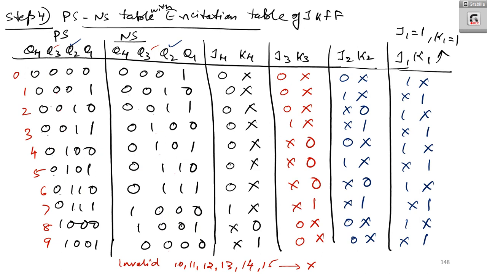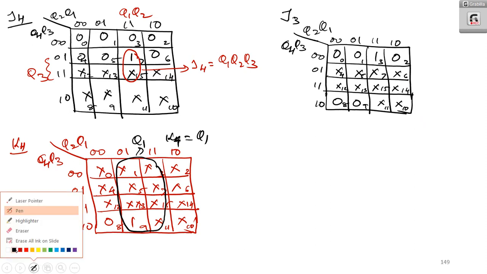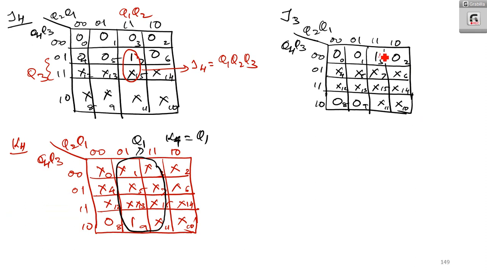Cells 8 and 9 are 0. Therefore we can club these two in a quad. What is common? Q2, Q1. Therefore J3 is equal to Q2 Q1. That is the expression we are getting.